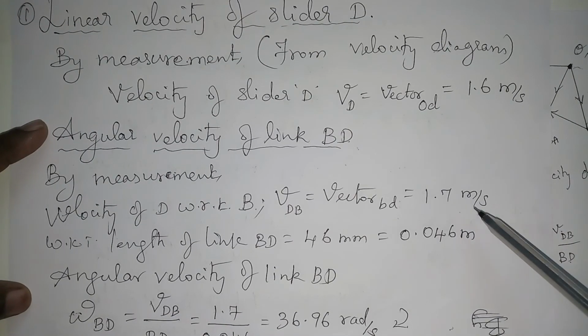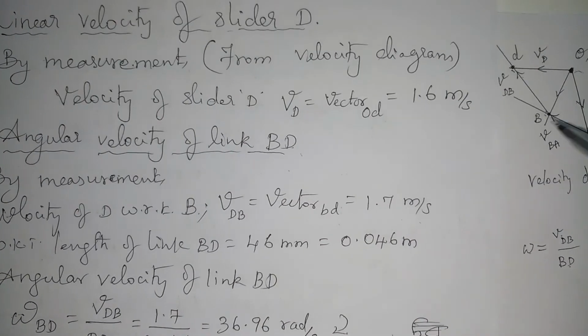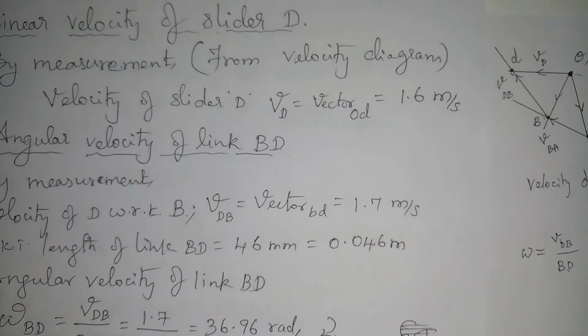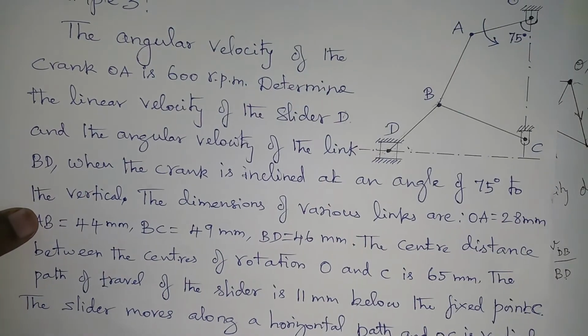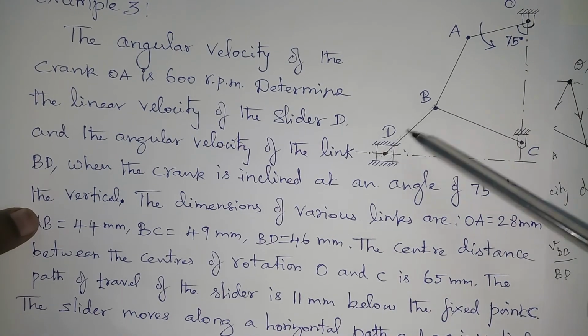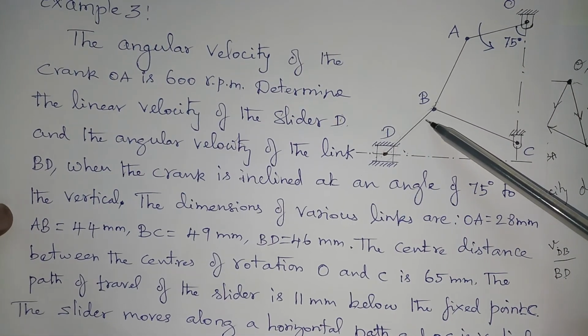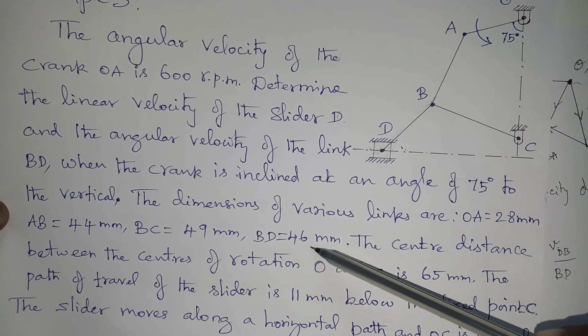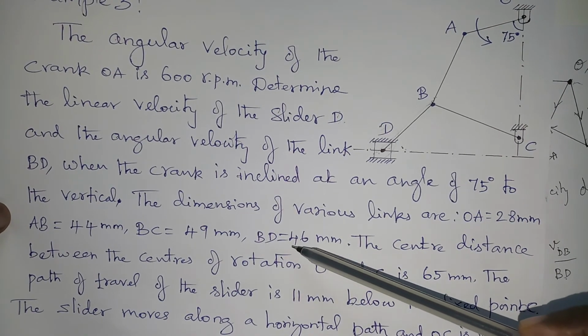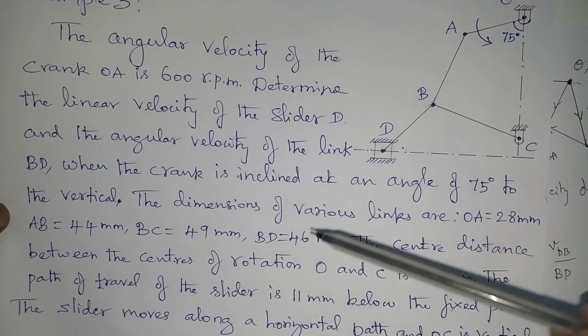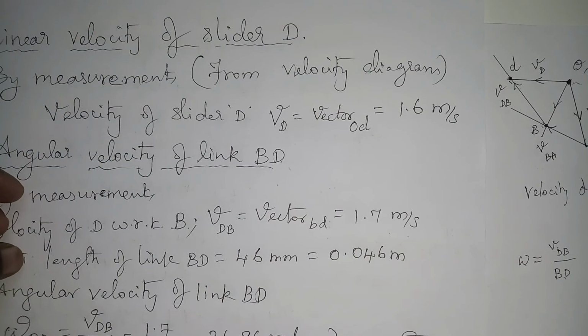And we know the length of the link BD, it is given here as 46 mm. You convert in terms of meter, that is 0.046 meter. Substitute the value here.